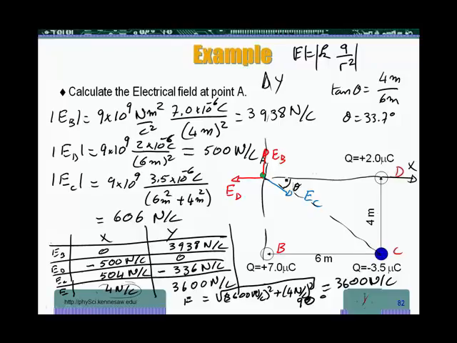The x component is canceling ED, and the y component is just canceling a part of EB. So the overall electrical field is going to be along the vertical axis.